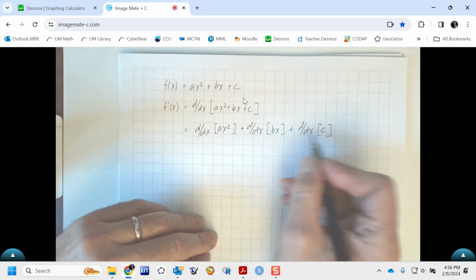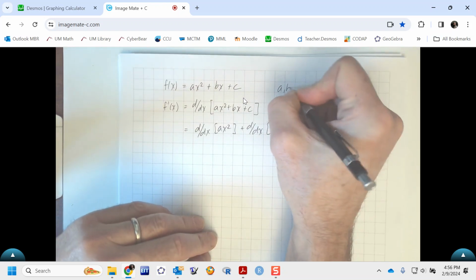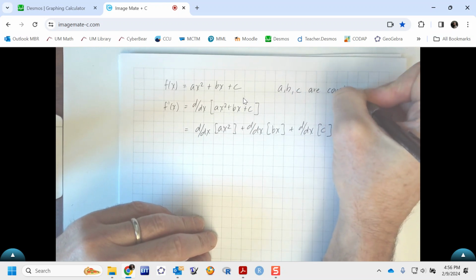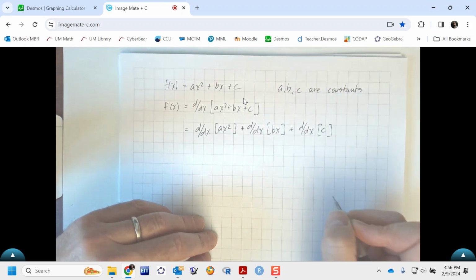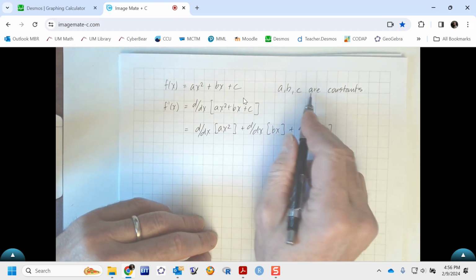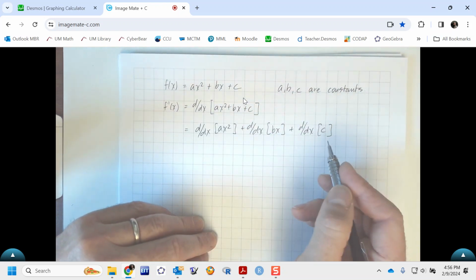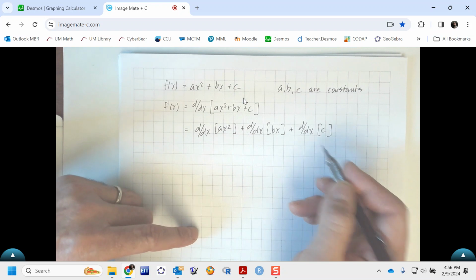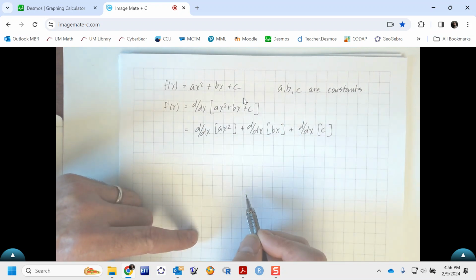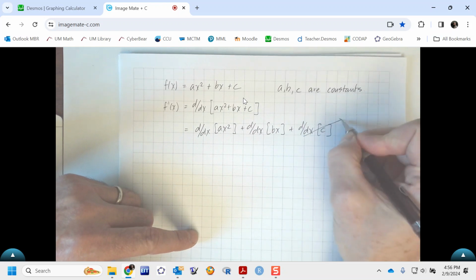I can see that a, b, and c are constants, right? Sometimes we call these things parameters because they're constants, but we're not specifying them. But I can see that the constant here can come out in front, and then the derivative of a constant here is just 0.